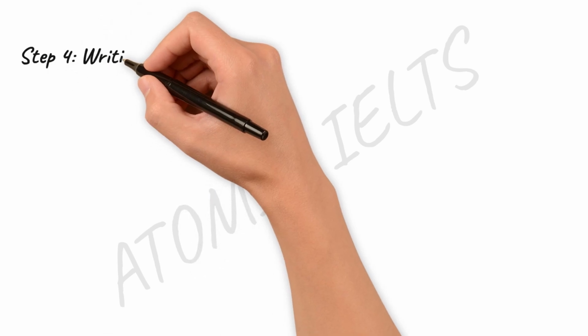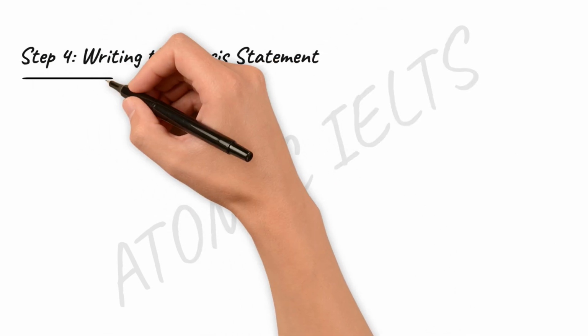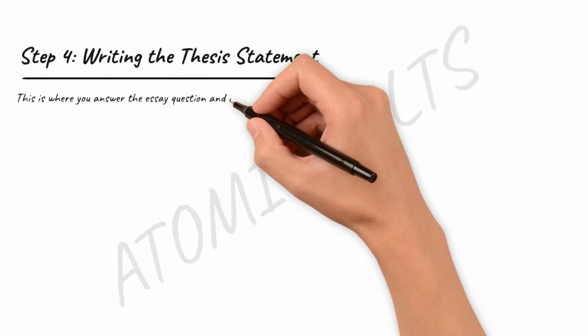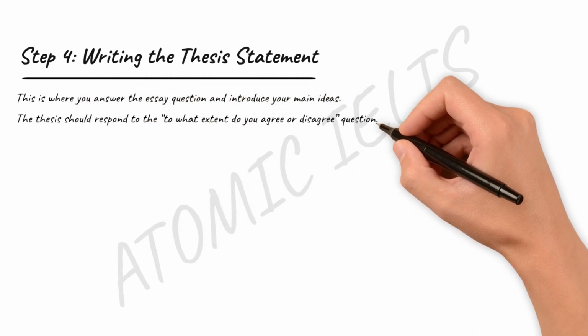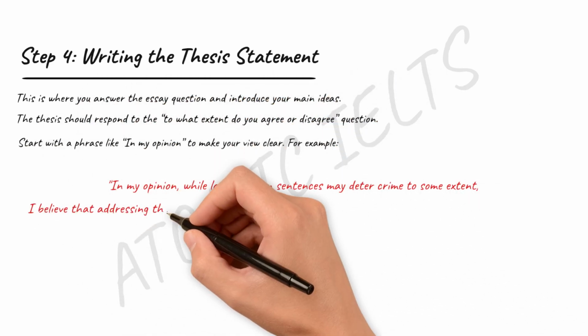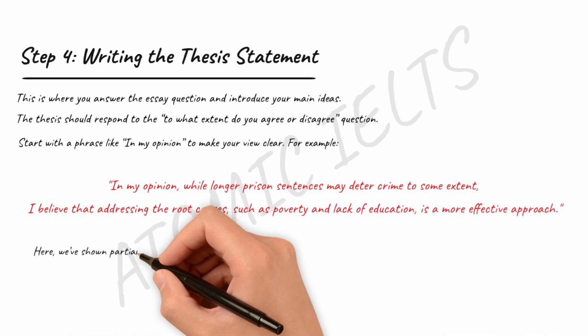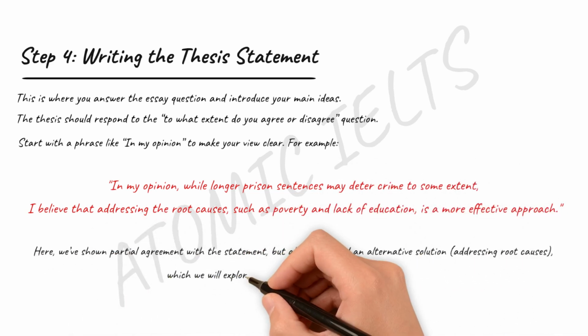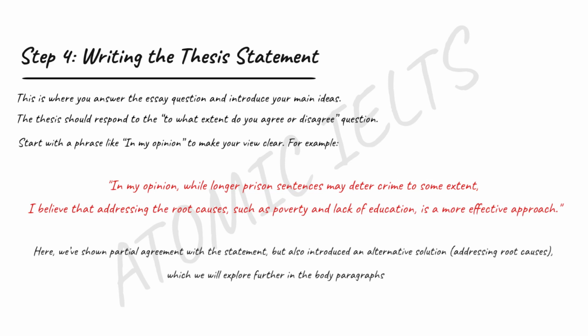Moving on to the next part, let's focus on the thesis statement. This is where you answer the essay question and introduce your main ideas. The thesis should respond to the "to what extent do you agree or disagree" question. Start with a phrase like, "in my opinion," to make your view clear.